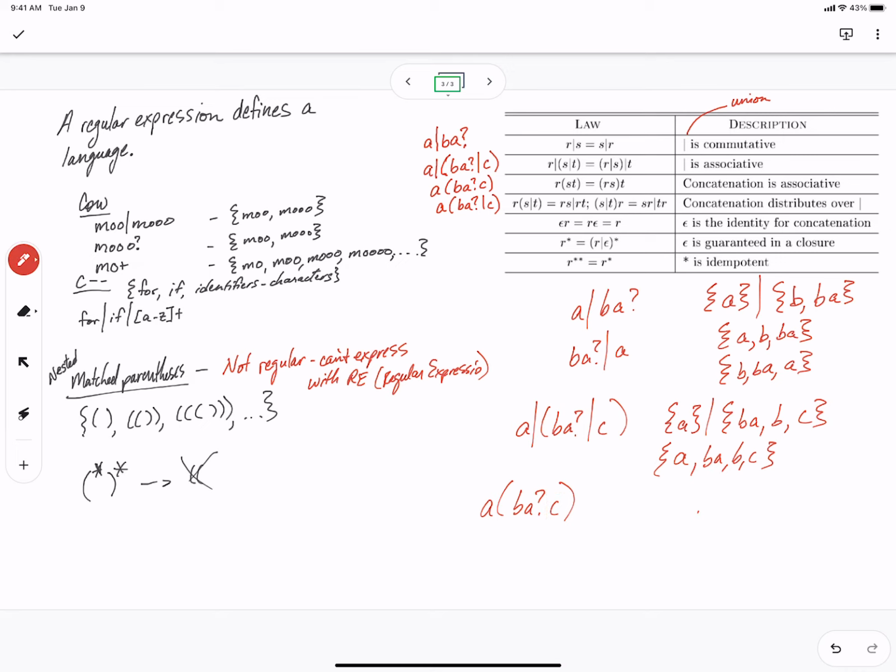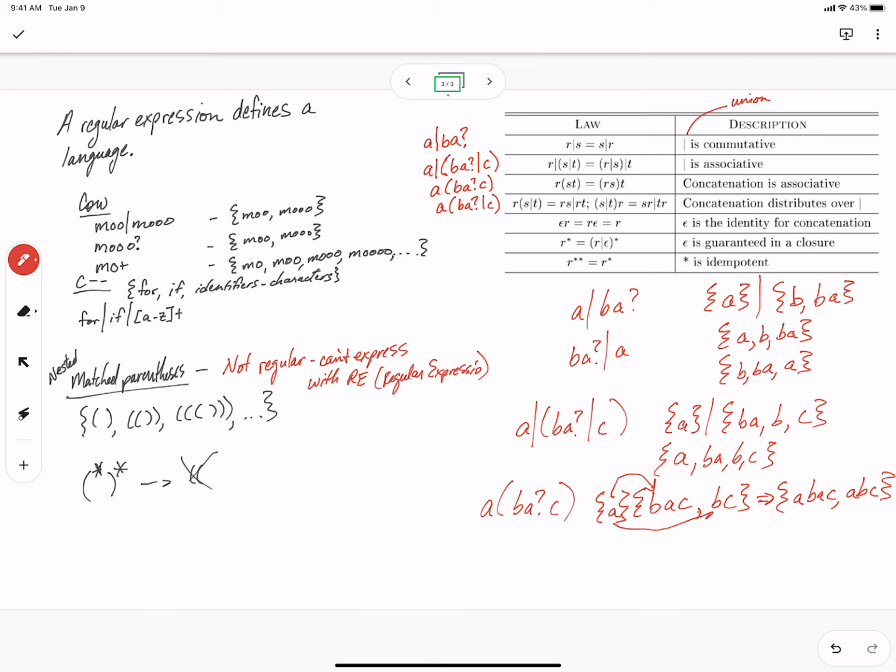It means we have B with 1 A concatenated with C, and we have B with 0 A's concatenated with C. And to the front of that, we're going to concatenate A, which gives us ABAC and ABC. Right, we're going to concatenate A with BAC, and we're going to concatenate A with BC.